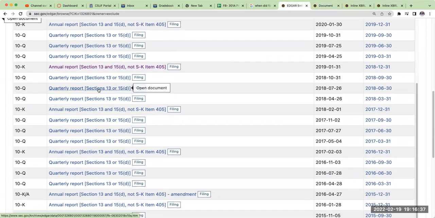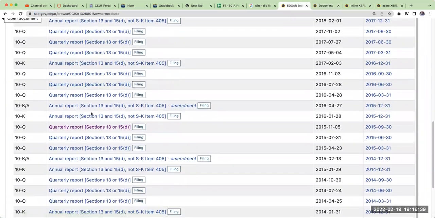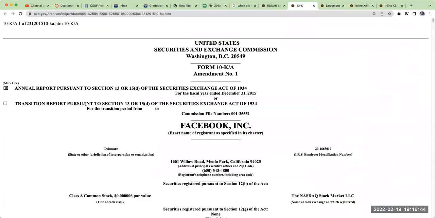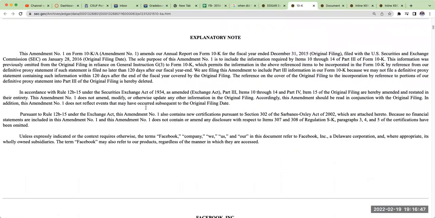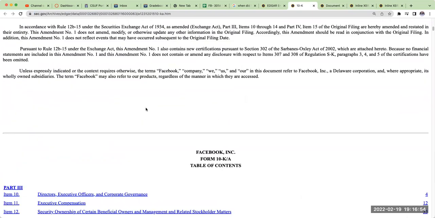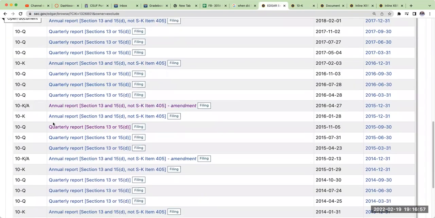Let's go down to an earlier 10K and see what the amendment is. What you'll sometimes see is that in order to get their filings done timely, companies will file some of the information for the proxy statement or for the shareholder elections a little bit later.